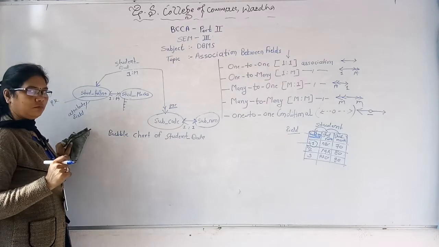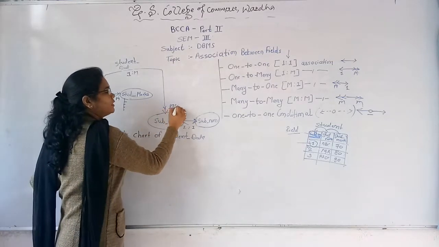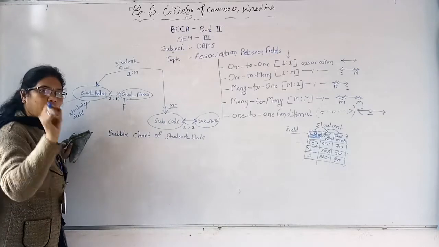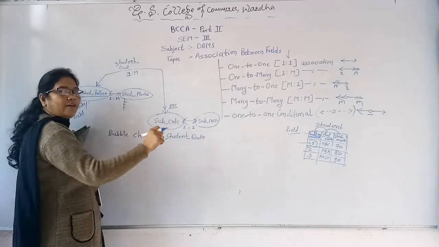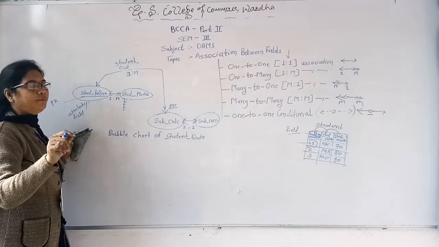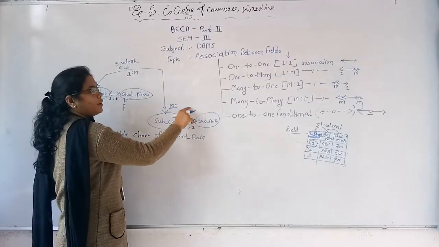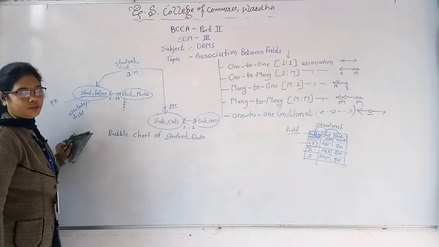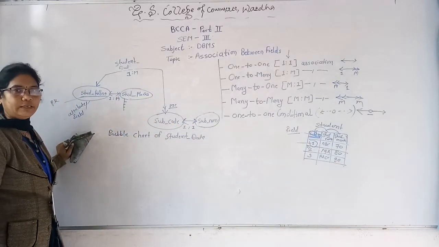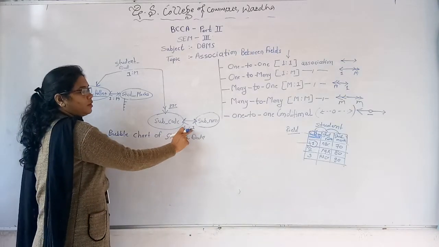No. PIC is nothing but programming in C. So subject code is PIC, which having only one name of that particular subject, that is programming in C. So this is the association between subject code and subject name. So it is a 1:1.